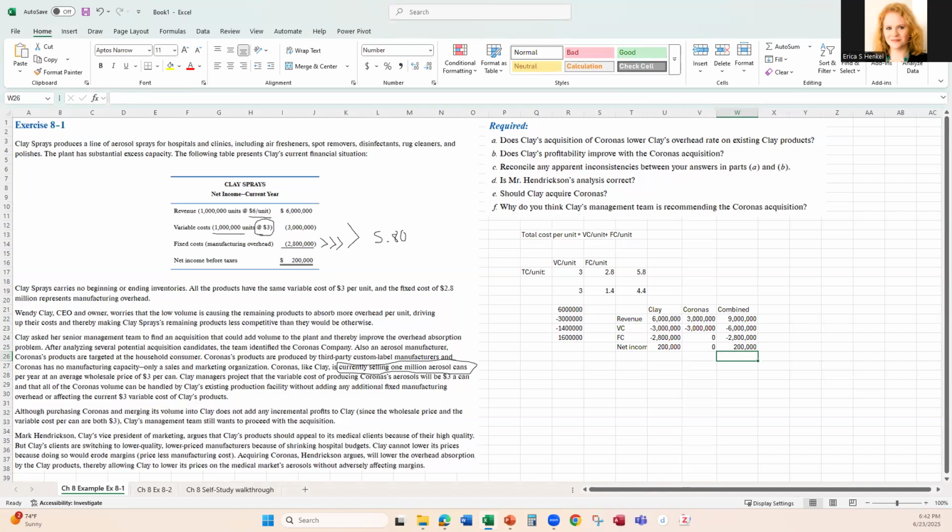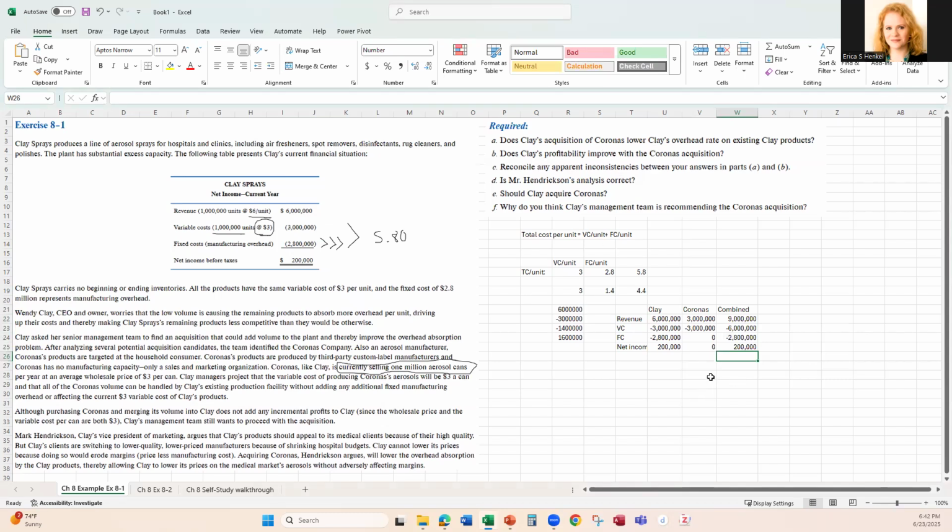Technically though, we really should be shifting some of that cost over if we are creating those for them. If we're making those on their behalf, they should be responsible for part of the costs. So that's where the inconsistency comes in, that they're asking about profitability.